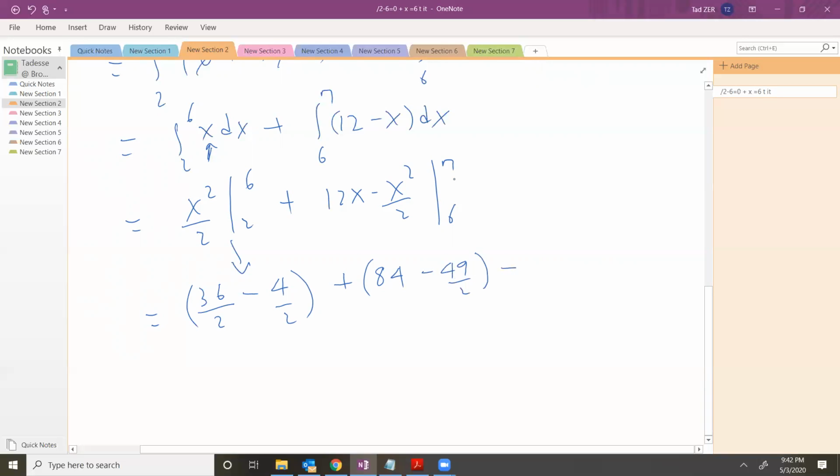That is the value at 7, okay? Keep in mind, this is the value at 7 minus the value at 6. 12 times 6 is 72 minus 6 squared, 36 over 2.